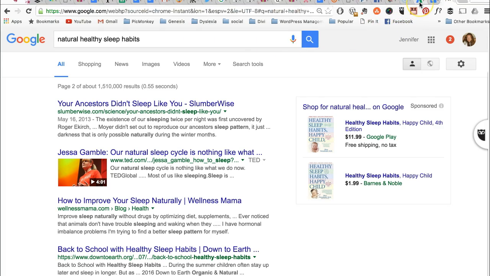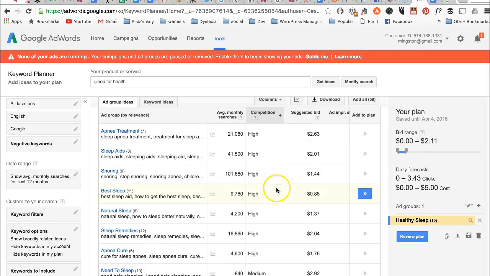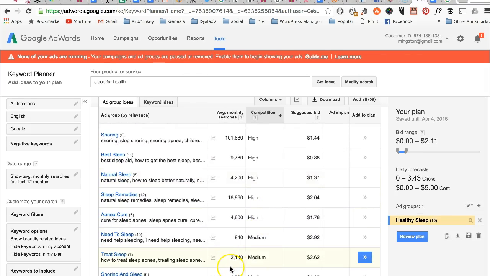So the key is to pick the right long tail keyword phrase, to look at combinations of words that have low competition, in the sense that people are not looking to purchase those keywords.